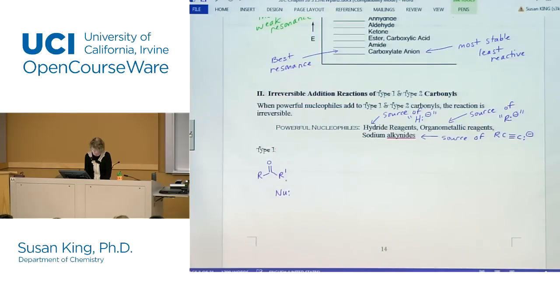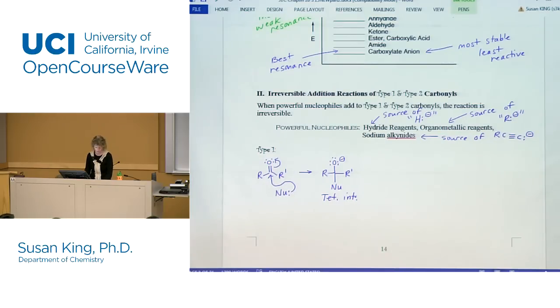Nucleophile attacks the carbonyl. Just to remind you of the reactivity, that's addition. We get a tetrahedral intermediate. Because these are powerful nucleophiles, really strong nucleophiles and strong bases, they can't come back off again.